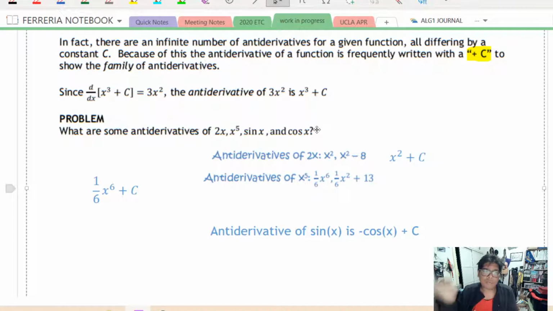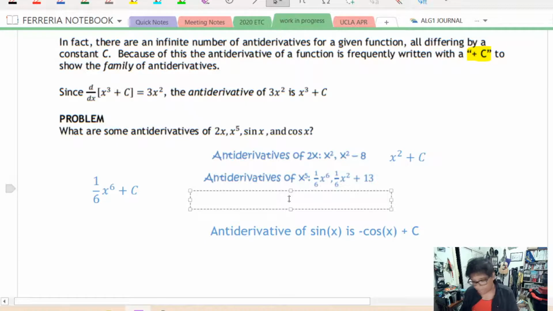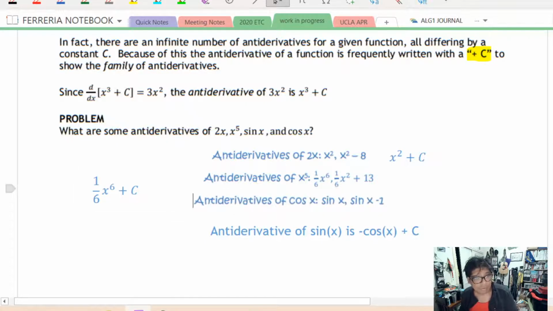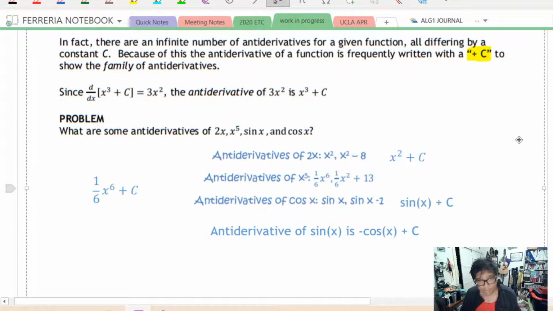Well, the derivative of sine is cosine. So that must mean that the antiderivative of cosine x is sine x. You could also write sine of x plus a constant, so you don't have to keep coming up with all the infinite number of things you can add to sine x for it to be the antiderivative.